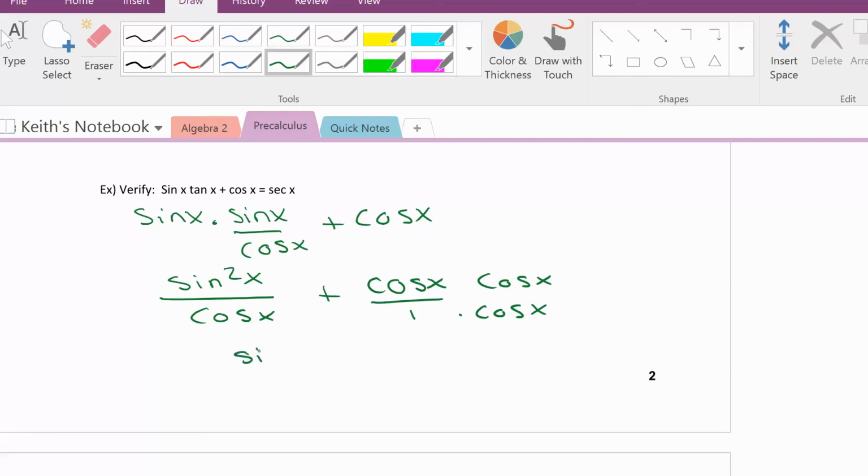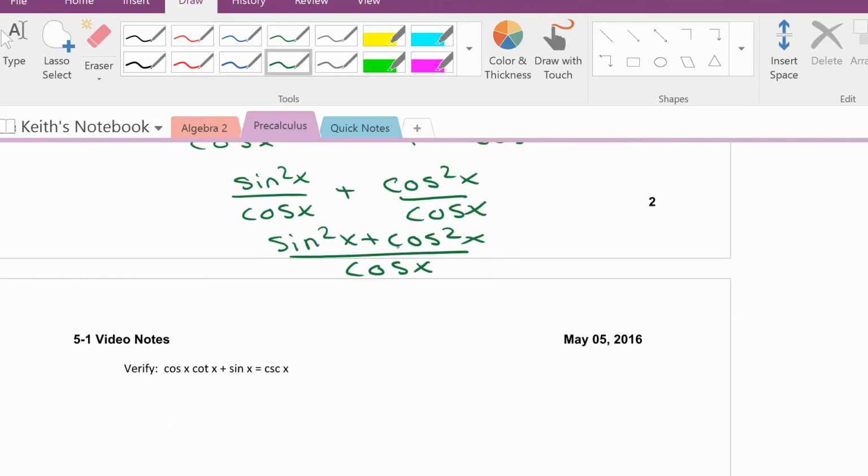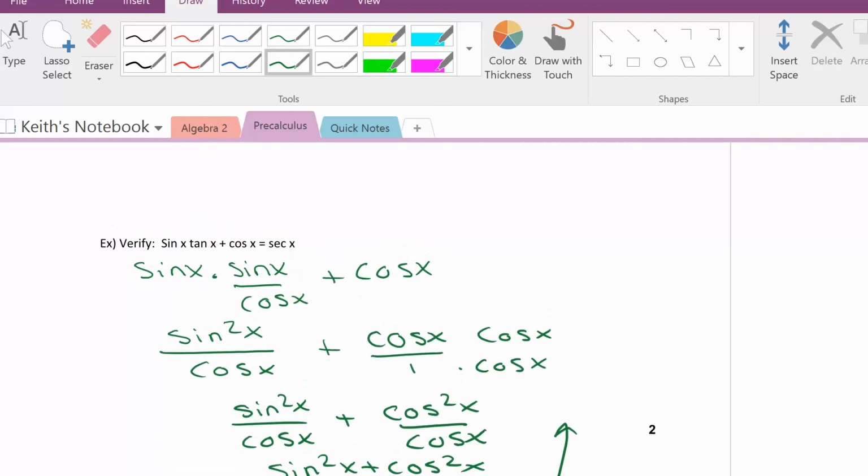So you get sine squared over cosine plus cosine squared over cosine. Combine this and you get sine squared plus cosine squared over cosine. And notice sine squared plus cosine squared is 1, and 1 over cosine gives me secant, and that is what I wanted to prove.